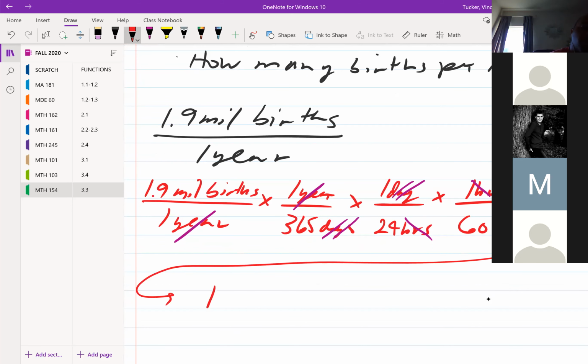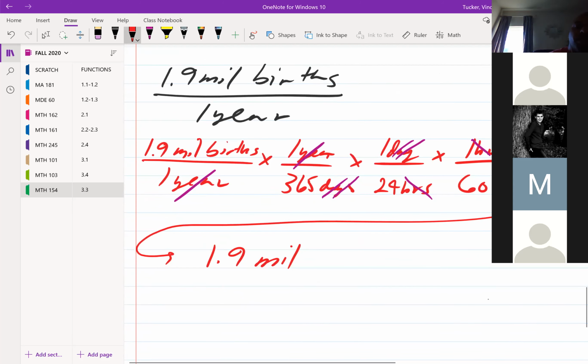And what I'm looking at is 1.9 million. Let's go ahead and convert that. So you multiply that 1.9 times 1 with 6 zeros, so that'd be 19.